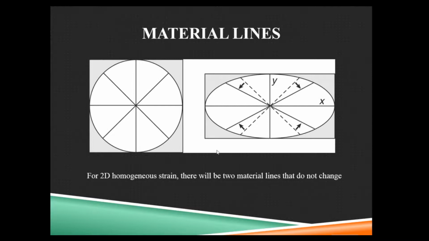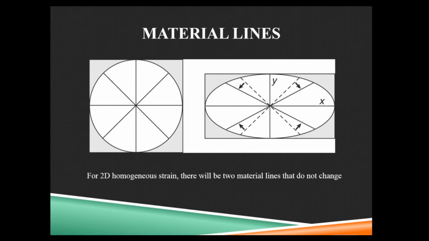So in any given homogeneous strain situation, if you had a whole bunch of these straight lines all through your object, in two directions they won't change. They will stay perpendicular to each other. This up and down line and the side to side line are perpendicular to each other on the left, and if we come over to the right, they're still perpendicular to each other.